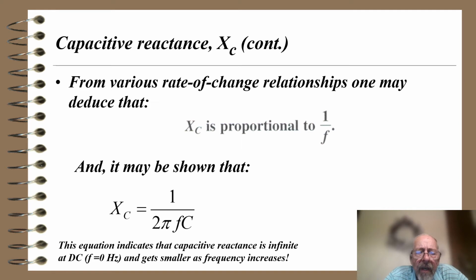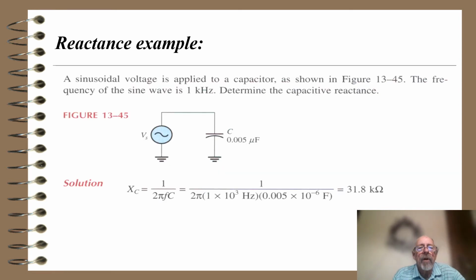So this equation indicates that capacitive reactance is infinite at DC, because F would be equal to 0, and anything divided by 0 blows up to infinity, and then it gets smaller as frequency increases. As frequency gets very high, we say X sub C goes to 0. Here's an example of capacitive reactance.